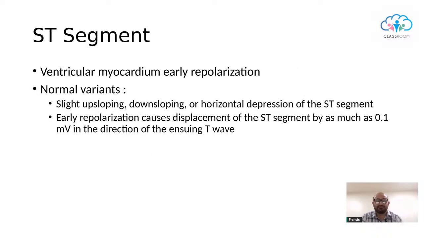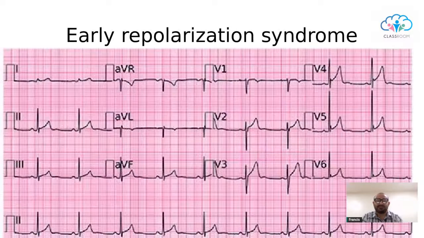The ST segment represents ventricular myocardium early repolarization, and normal variants include slight upsloping, downsloping, or horizontal depression of the ST segment. Early repolarization causes displacement of the ST segment by as much as 0.1 millivolts in the direction of the ensuing T wave. Early repolarization syndrome is a normal variant.